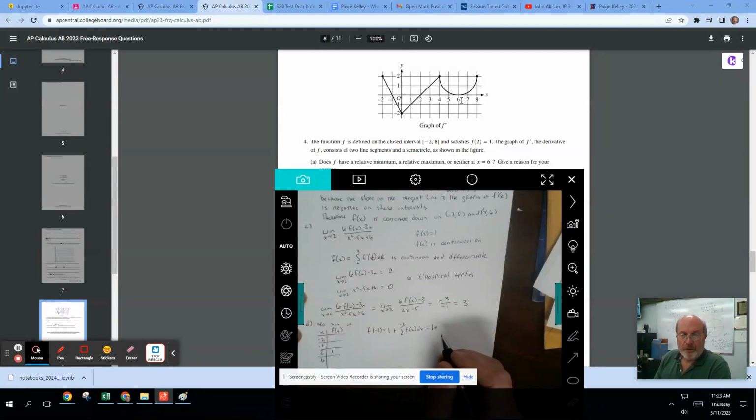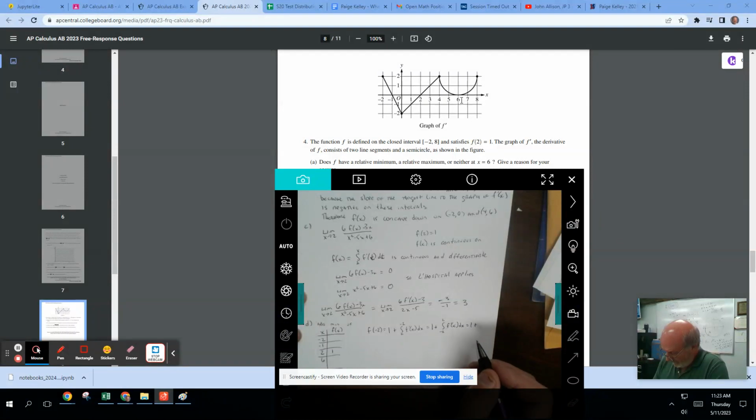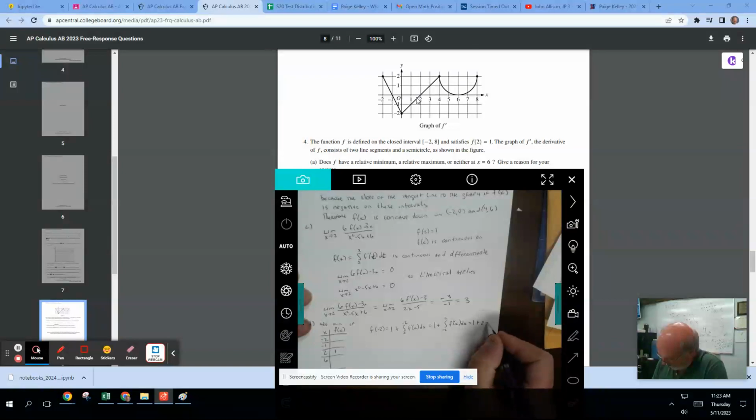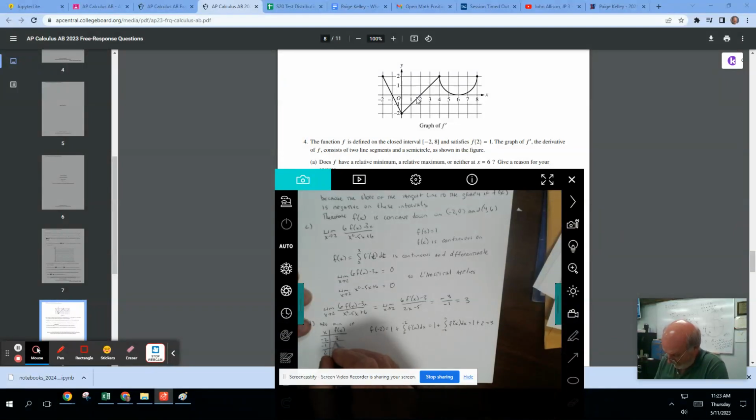And so I'm going to go ahead and switch these, negative 2 to 2, f prime of x dx equals 1 plus, and the area here is going to be 2 times 1 times 1/2, or 1. And then it's going to cancel this out to make that 0. And so this is going to be half of 4, which is going to be 2, or 3. So f of negative 2 is 3.